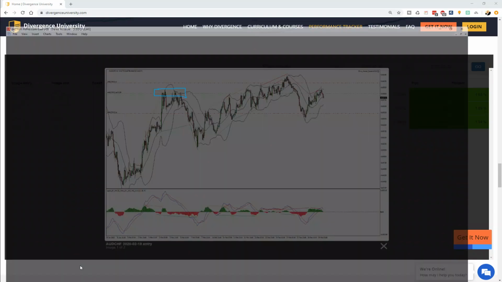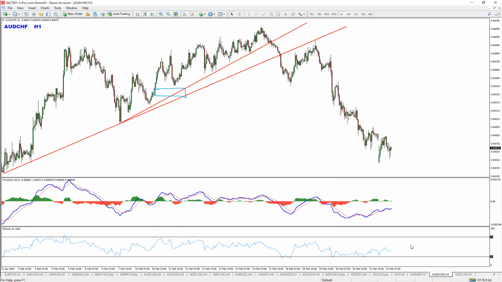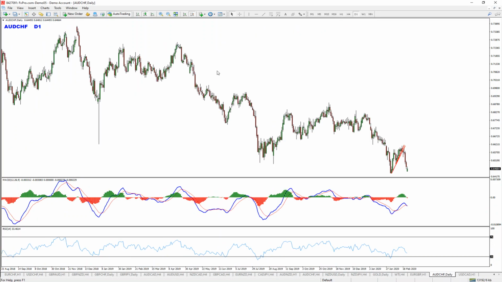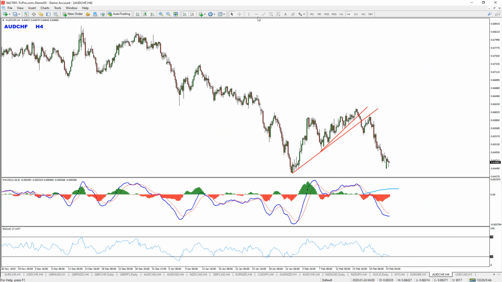And now if we jump very quickly to Aussie franc on the live chart, I can show you the multi-time frames, and look what's happening here, guys. Bearish hidden divergence. If we drop lower, we can immediately spot this shrinking pattern.